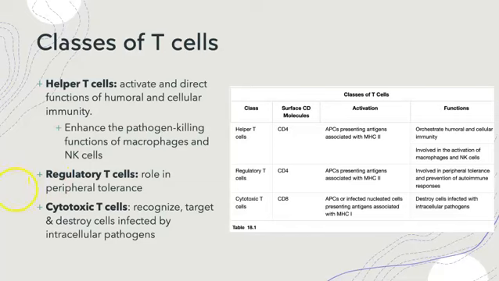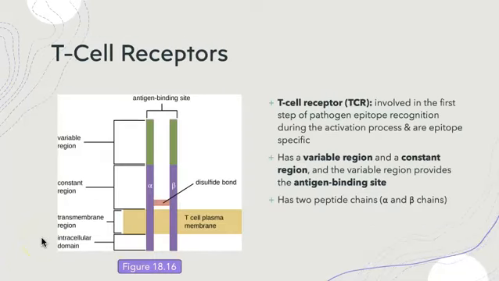That's really the way to think about it. All right, and then our cytotoxic or killer T cells recognize, target, and destroy the cells that have those intracellular pathogens within them. So we have to have some specific binding taking place in order for all of this to happen. Our T cell receptors will play an important role in that.